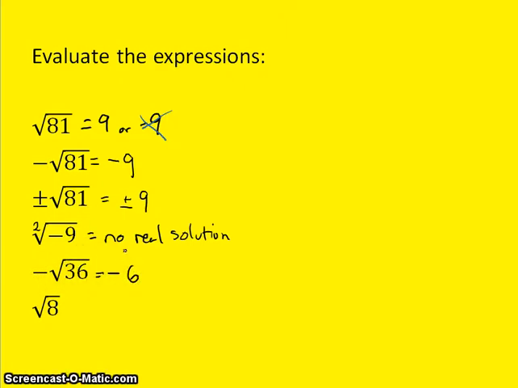So the negative square root of 36 equals negative 6. Now the square root of 8, we have to use our calculators for. So we type in square root of 8 and get 2.83 if we round.